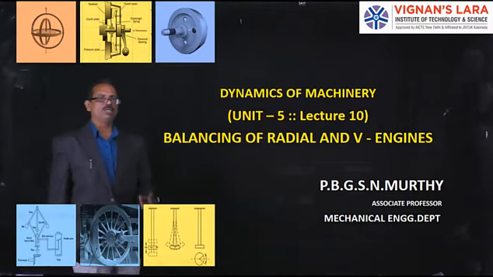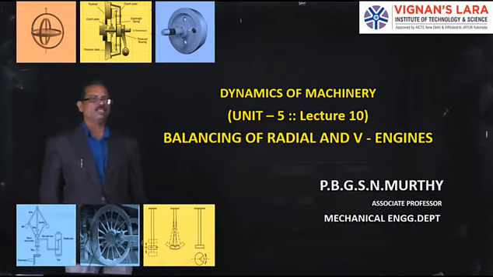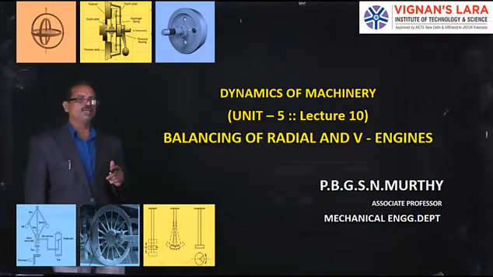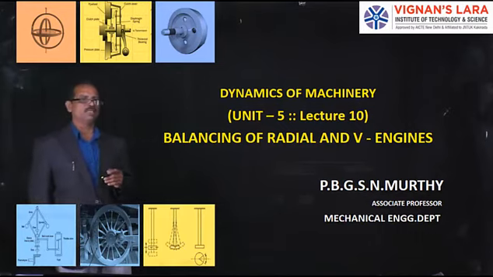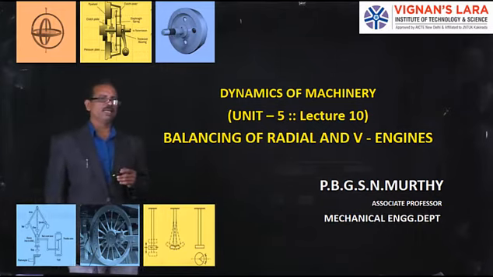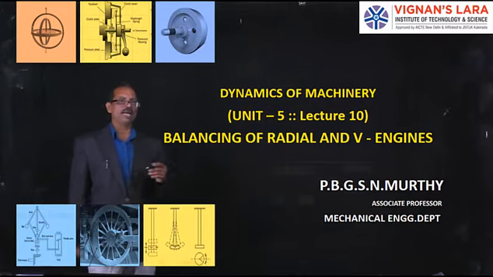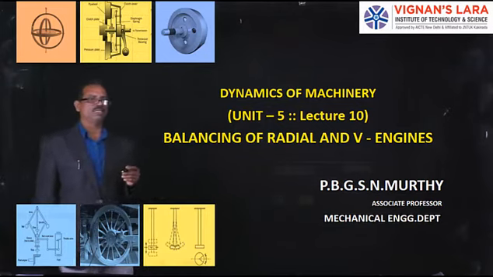Today we are going to discuss the last lecture in the fifth unit, that is balancing of radial and V engines. We have seen various techniques for balancing revolving masses and reciprocating masses, where n number of cranks and n number of connecting rods are available in IC engines.